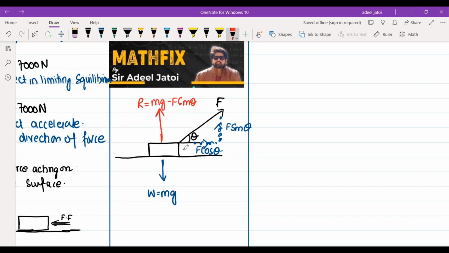Now, you know one thing, that since force is applied here, the object will move in this direction. Since the object will move in this direction, your frictional force will be in the left-hand side direction. That means this will stop the object, right? So let's say that your frictional force is moving on the left-hand side.